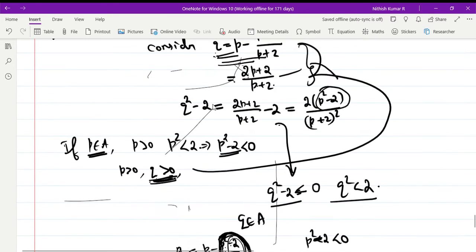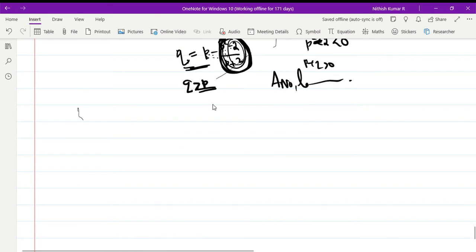Now in a similar way, if p belongs to B, with p greater than 0, then p square minus 2 is greater than 0, because p square is greater than 2.